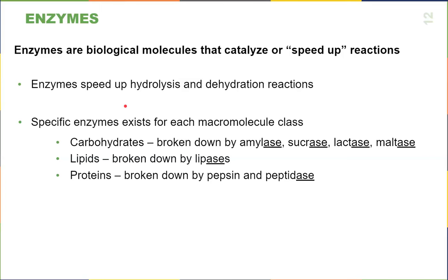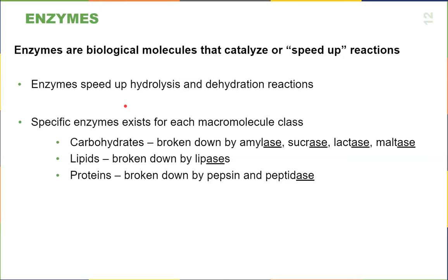Enzymes can be used for either hydrolysis or dehydration synthesis reactions. They are very specific on what they do. So an enzyme that breaks down sucrose is only going to break down sucrose. And then an enzyme that would build sucrose would only build sucrose. Okay, so it could only do those certain things.